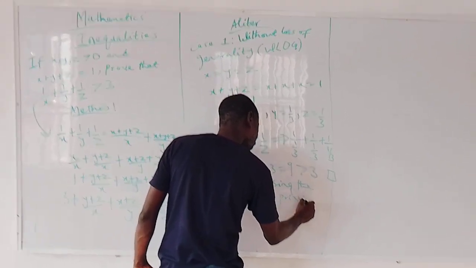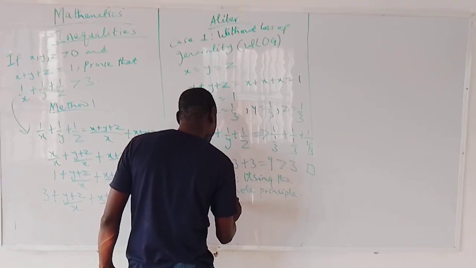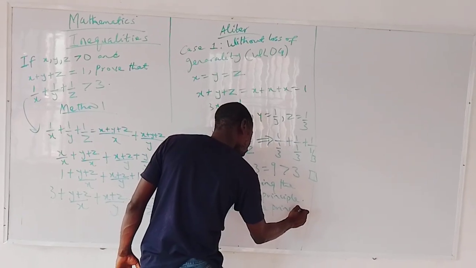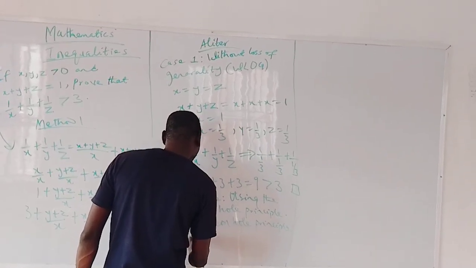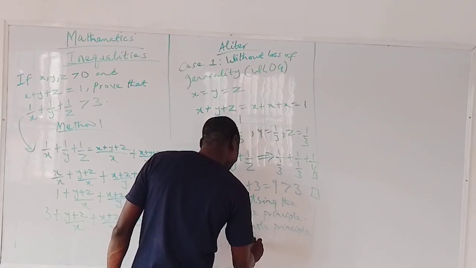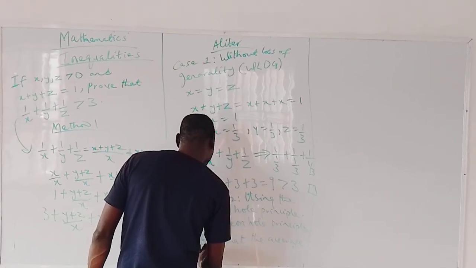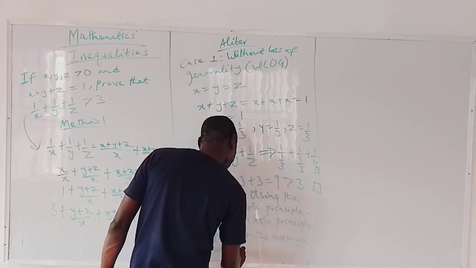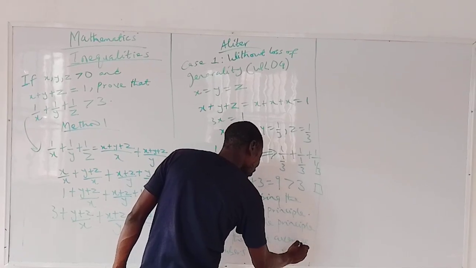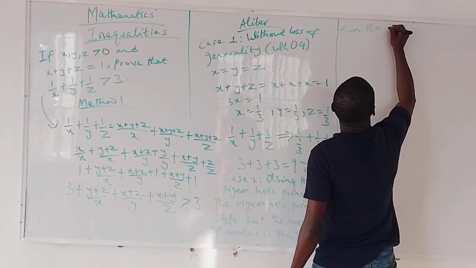The pigeon principle states that the average of numbers is greater than the smallest of the numbers.